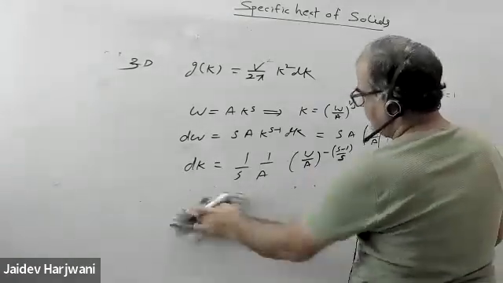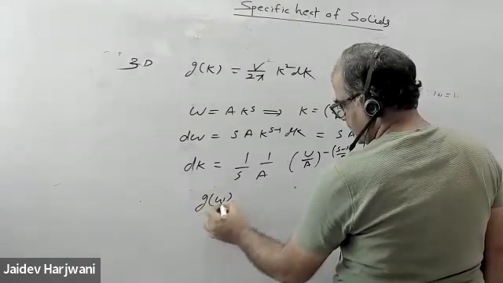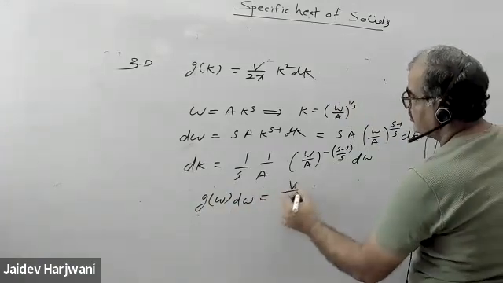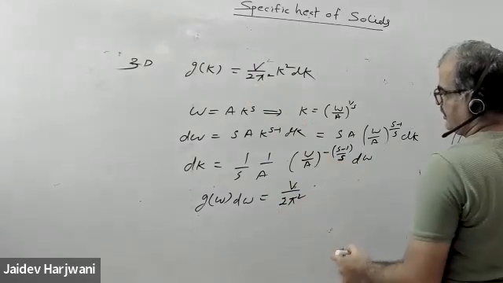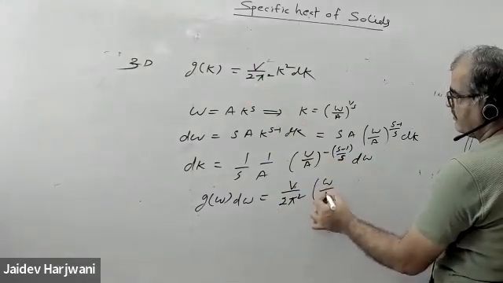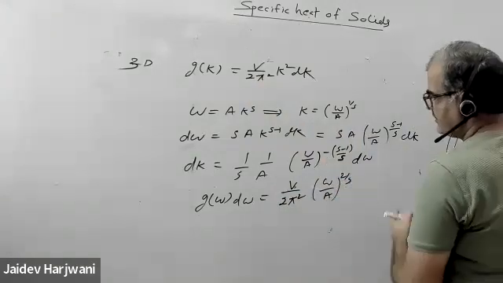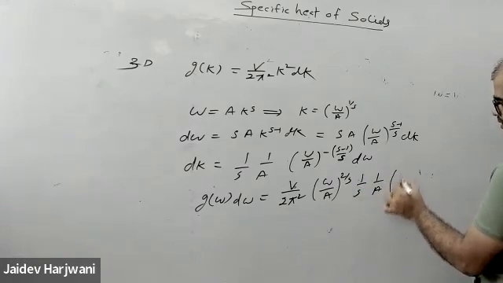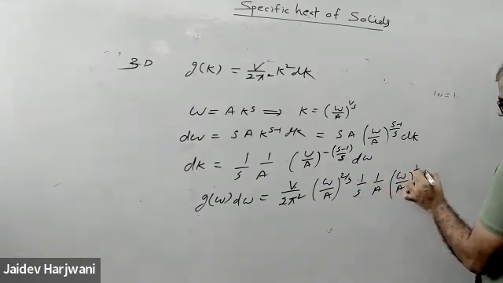If you similarly solve for g omega d omega, you'll get V upon 2 pi square, k square meaning omega by a power 2 by s, and dk is again the same, 1 by s, 1 by a, omega by a, which is 1 upon s minus 1.